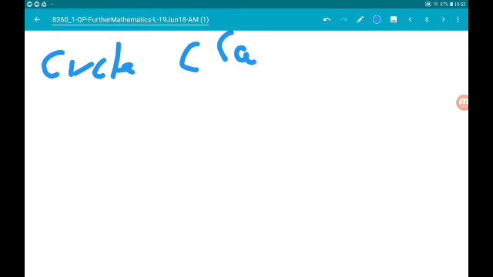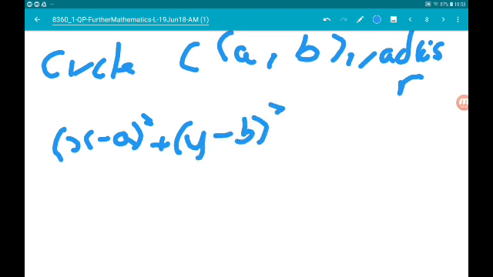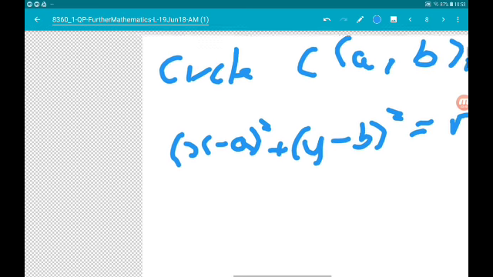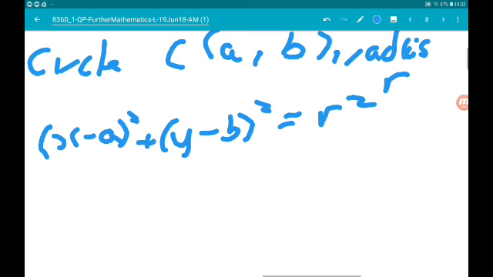So a circle with centre a, b and radius r has equation x minus a squared add y minus b squared is equal to the radius squared. So here we know the radius is 5, so we know on the right we're going to have 25.